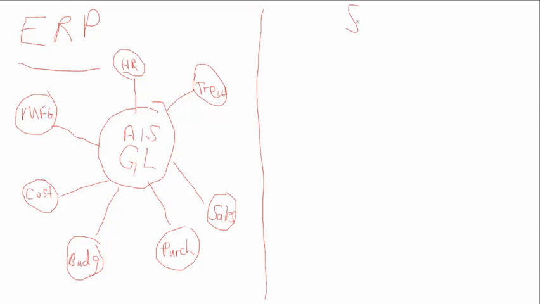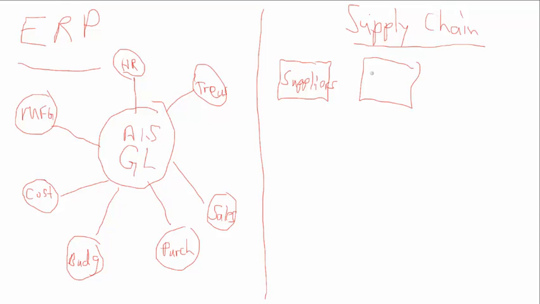So supply chain basically are the group of activities, and we think about suppliers, us, the company of interest, and customers.